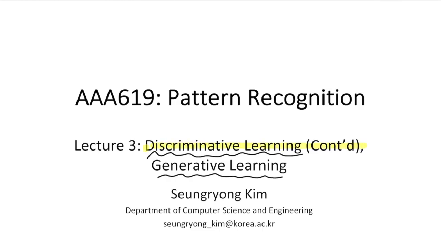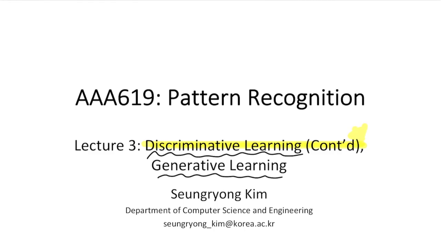because, as I mentioned in the first lecture, in this course I want to focus on deep learning, neural networks, or deep convolutional neural networks, something like this. Those kinds of deep neural networks are generally based on discriminative learning.